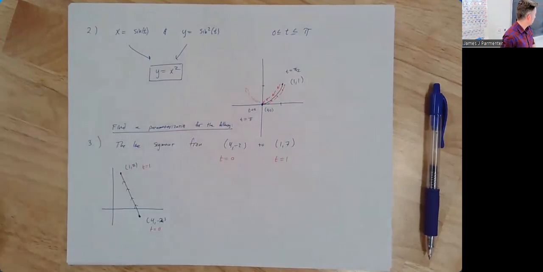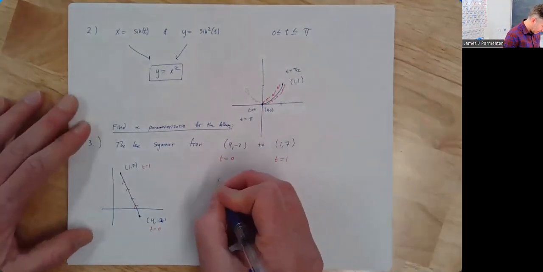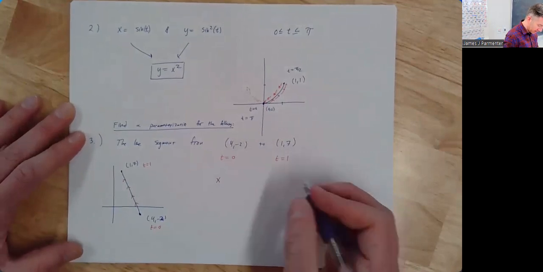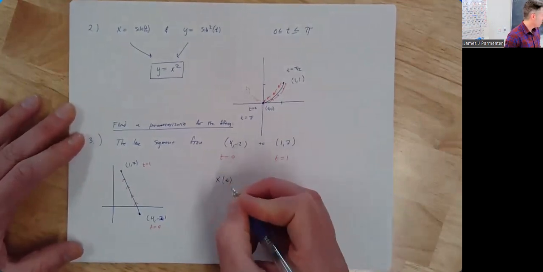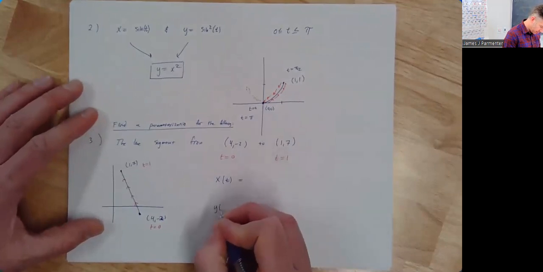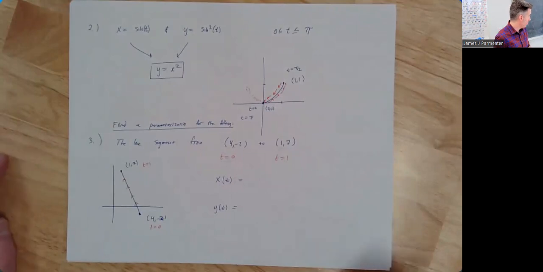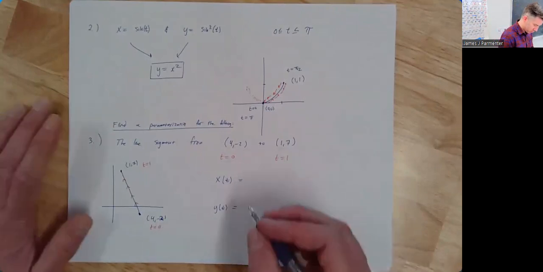So what's interesting here is you really don't have to find the slope of the line at all. Not actually super helpful. So here's what I want. I want x, and I personally like to write x of t. Not required, but I like it. And y of t. And I know that at time 0, x should be 4 and y should be -2.